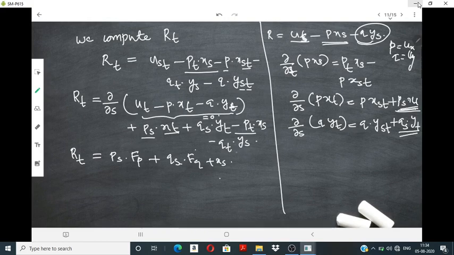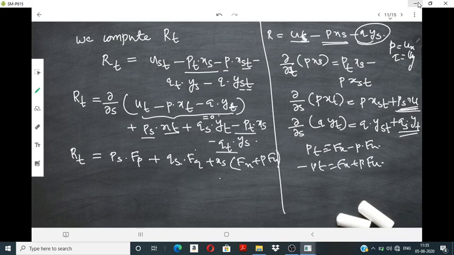From the characteristic equation we know that p_t equals minus f_x minus p into f_u, so minus p_t will be f_x plus p into f_u. So x_s into f_x plus p f_u. Similarly for q_t, plus y_s into f_y plus q into f_u. So this is our r_t.